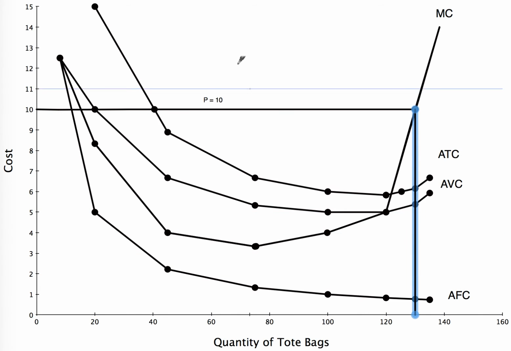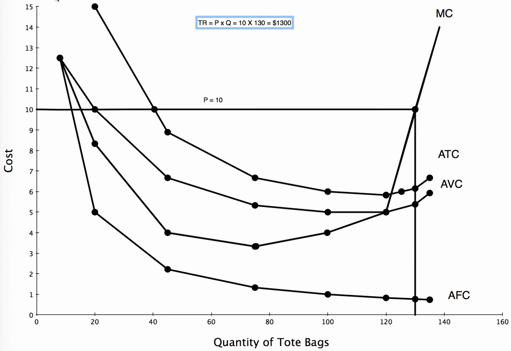130. We can then determine our total revenue, and total revenue is price times quantity, and we find that the total money our business makes is the $10 per unit times 130 units, which is $1,300.